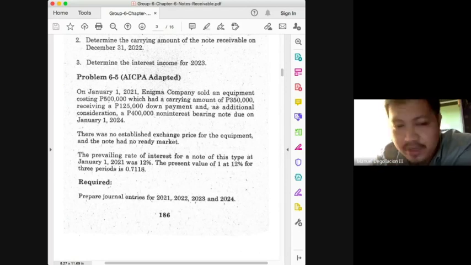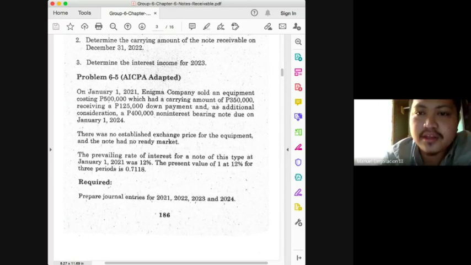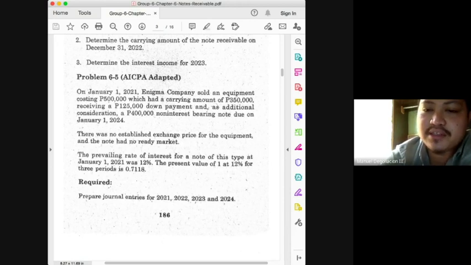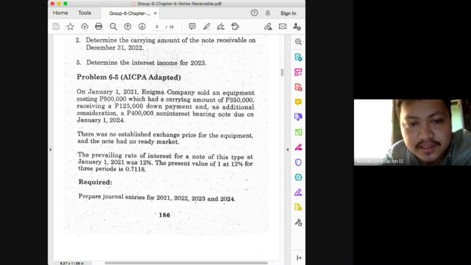And to get the carrying amount, again, what did we say was the policy, class, for getting the carrying amount? Just the gross balance of your receivable minus the remaining unearned interest income. Initially, the unearned interest income was 115,280. How much have we earned during the first year? 34,166.